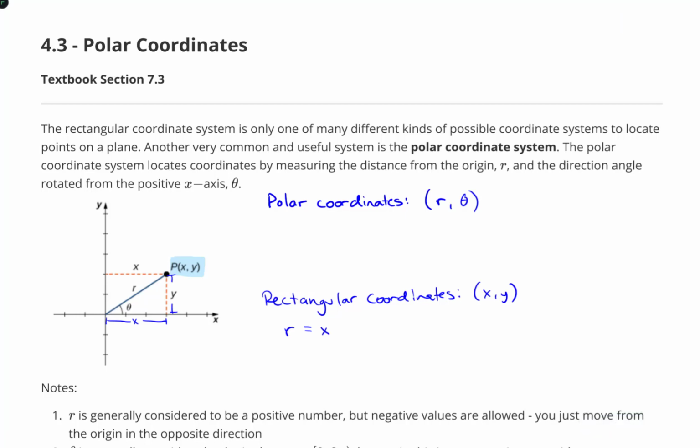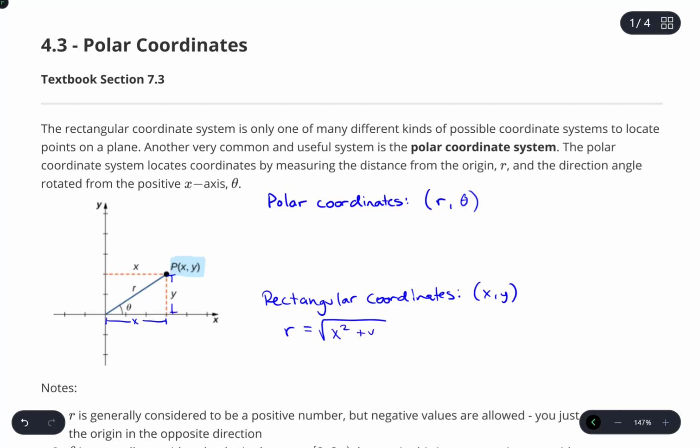So the length of this hypotenuse would be the square root of x squared plus y squared. So that's a pretty common transformation for going from rectangular to polar. Then for the direction angle, we use the arctangent of y over x.